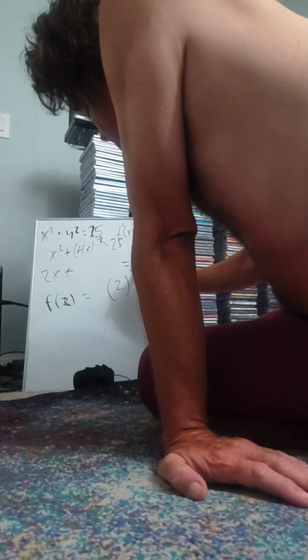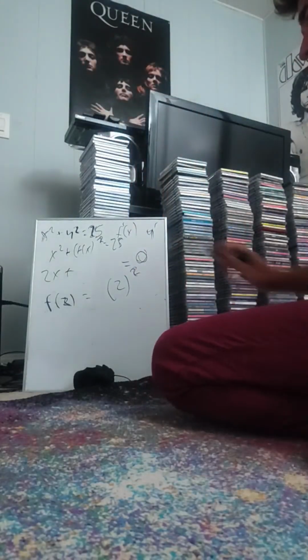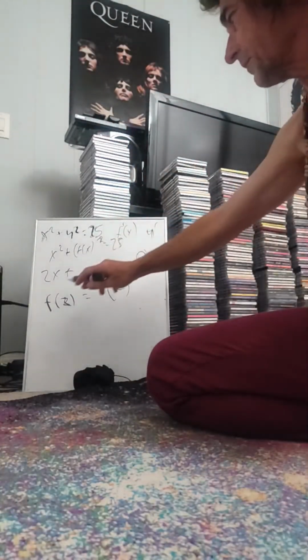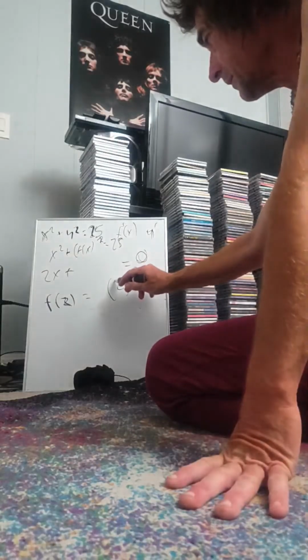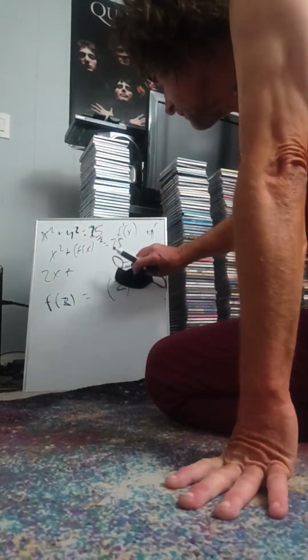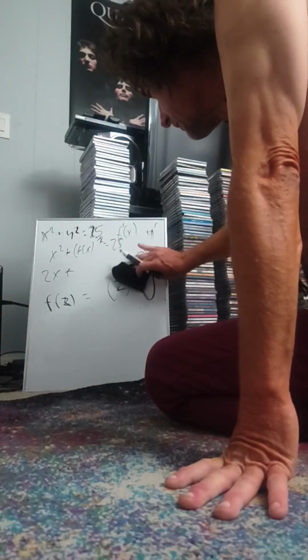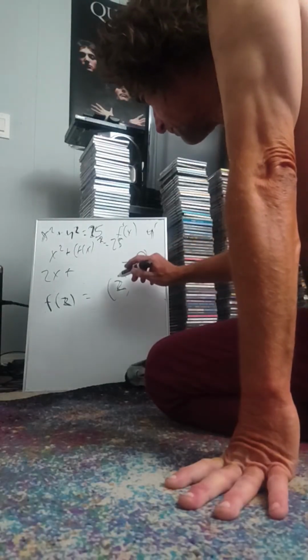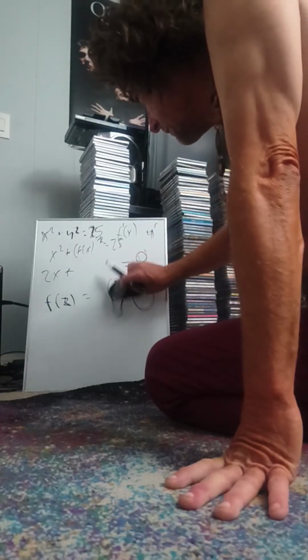If I call this z, then f of z is equal to z squared. Let's make it more correct.